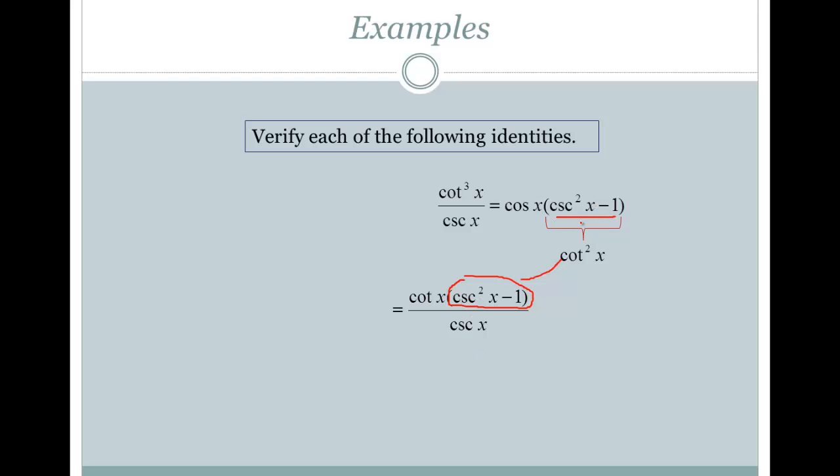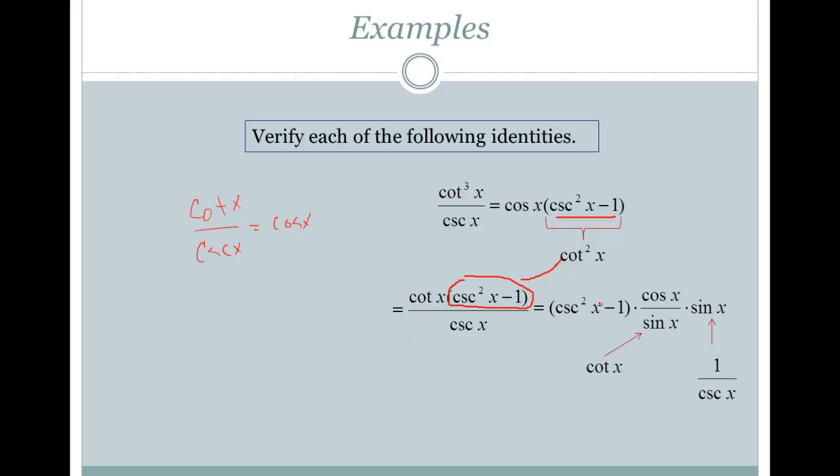So basically what this problem is now reduced down to is showing that cotangent x over cosecant x is equal to cosine x. That's what I'm reduced down to because I already have my cosecant squared x minus 1. I already have that.